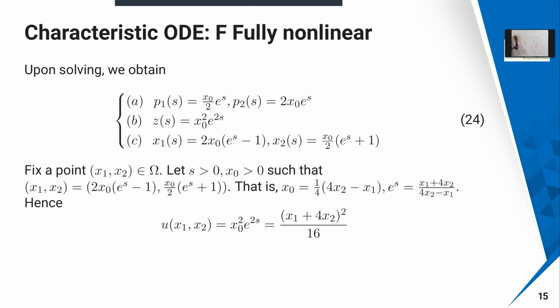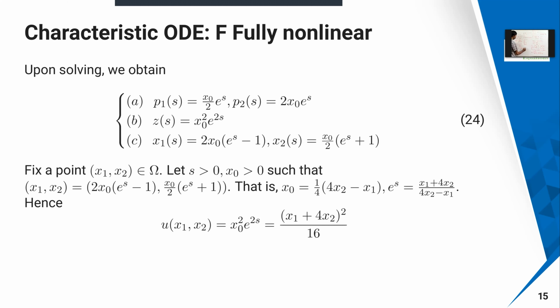So if you want to calculate x naught and s corresponding to given x comma y, x naught can be calculated this way, and s can be calculated from this one. But in our problem, we require only z, we don't require that one. So I can simply put that value. So z is going to become x naught square, so 1 by 16 times 4y minus x the whole square, into e power 2s.